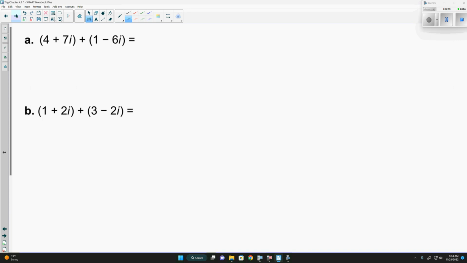And really, whenever we add or subtract complex numbers, we're adding the real parts together and adding the imaginary parts together. So when we look at this here, we're just adding. We could drop the parentheses and say 4 plus 7i plus 1 minus 6i.